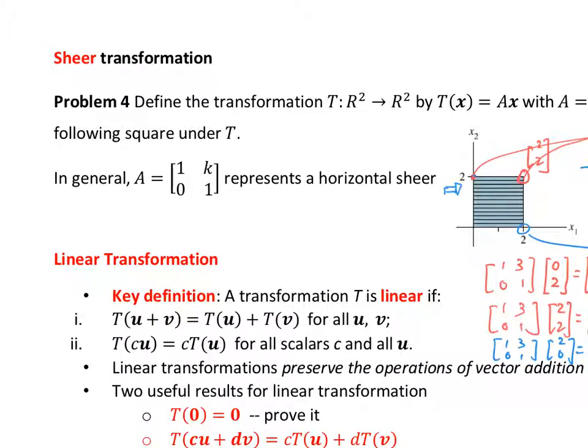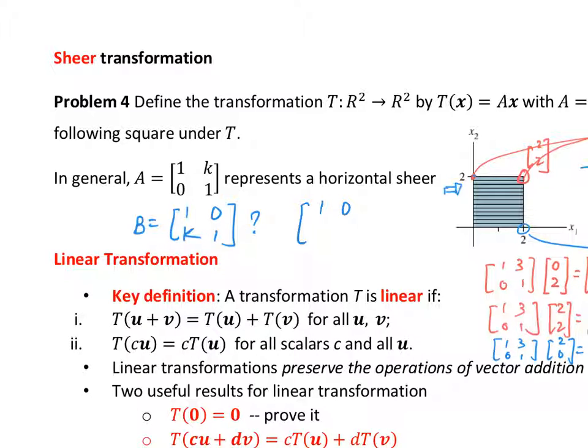So in general, this K represents a horizontal shear. If it's positive, then it's shifting to the right, shear to the right. If it's negative, it's shear to the left. So this is what it does. I would like to have you also give it a try, think about what this new matrix, this transformation, will do.